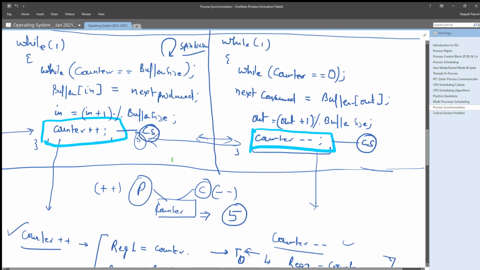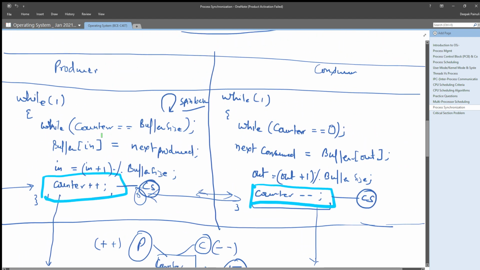In the code which we are seeing on the screen, you can see that counter is the shared variable. Both are accessing counter, and the problem occurs when both are updating counter at the same time.